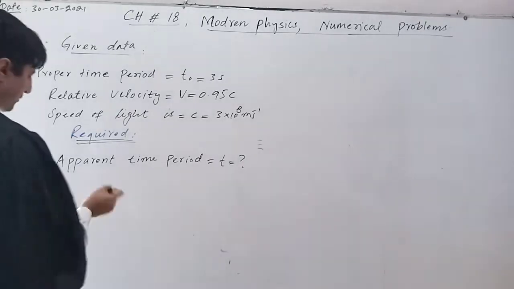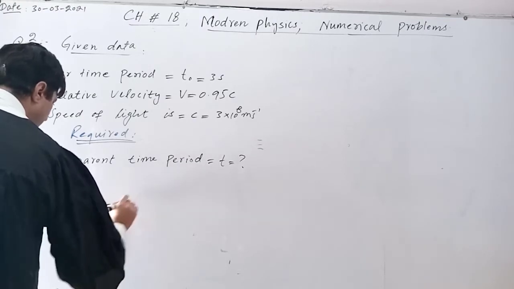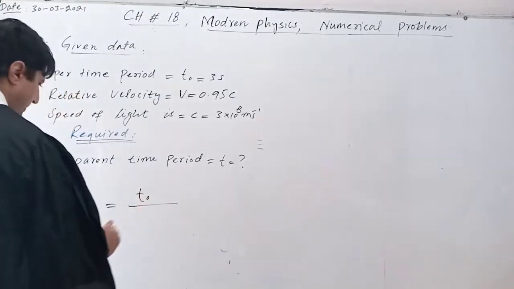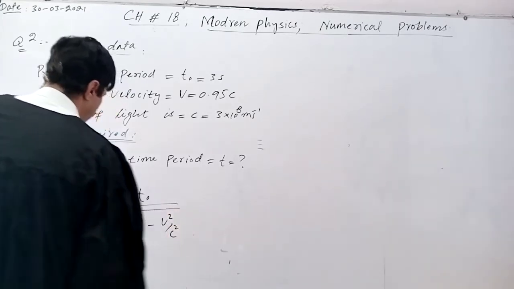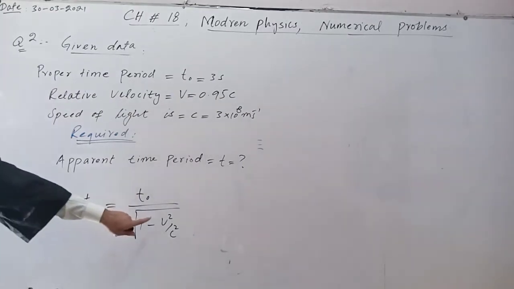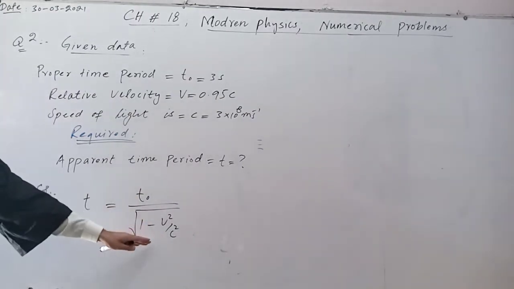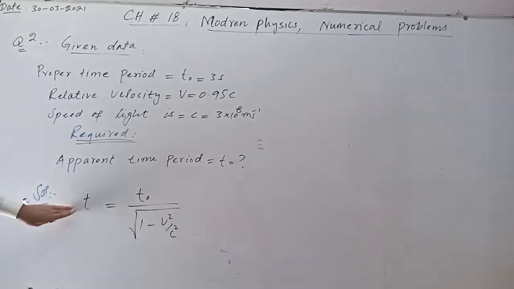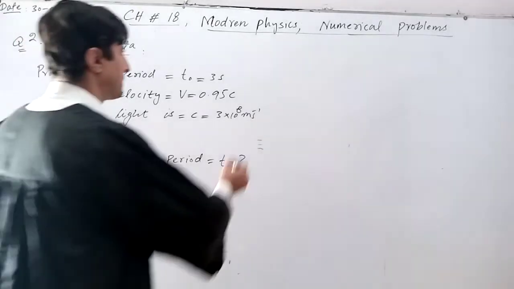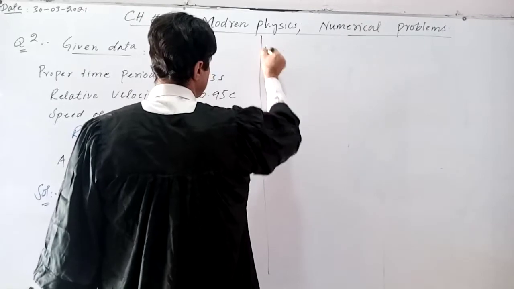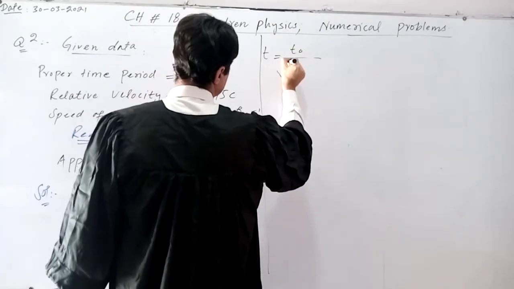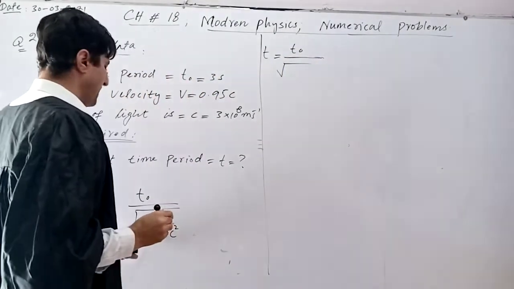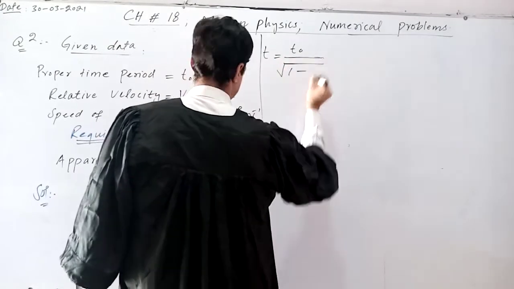By the time dilation formula, we know that T is equal to T naught divided by under the root 1 minus v square divided by c square. So T naught is given, v is given, c is given. By putting all the values in this equation, we can simply calculate the dilated time period. Putting the values here, we get T equal to T naught divided by under the root 1 minus, what is the value of v?